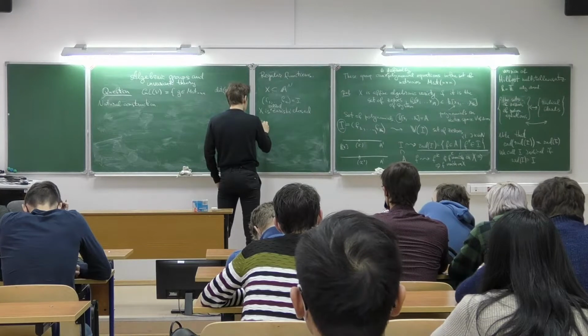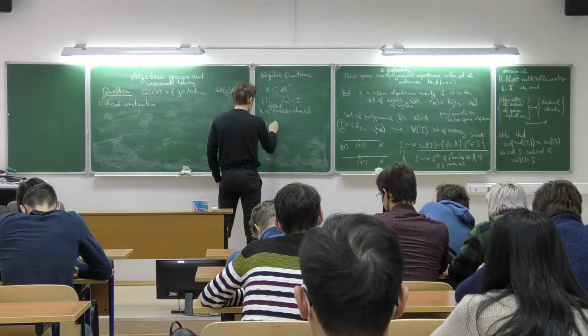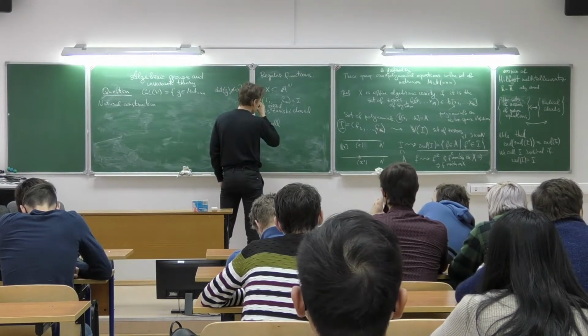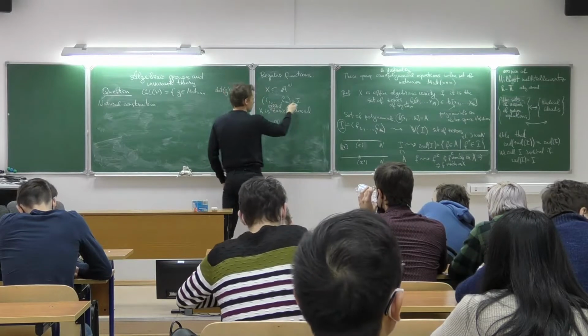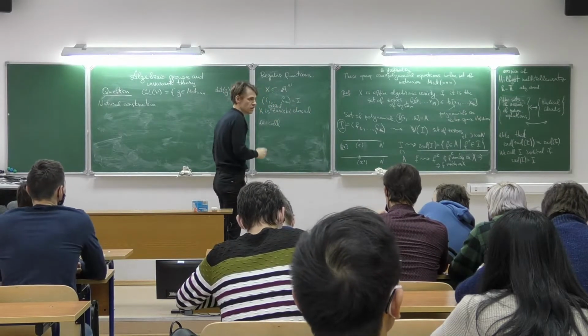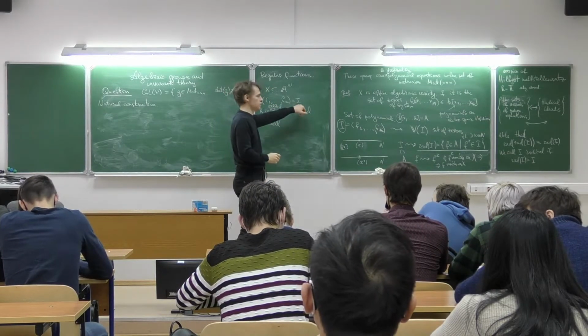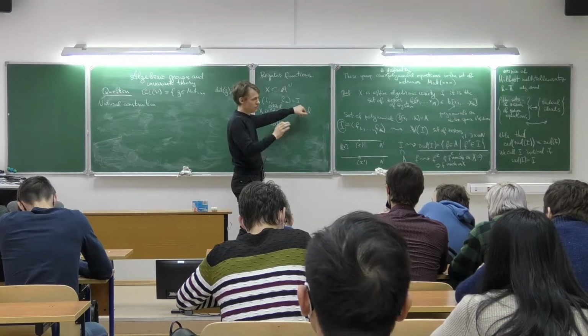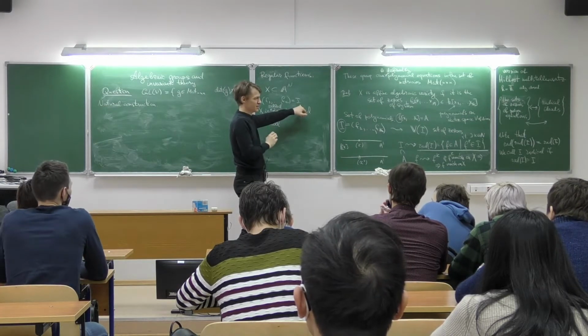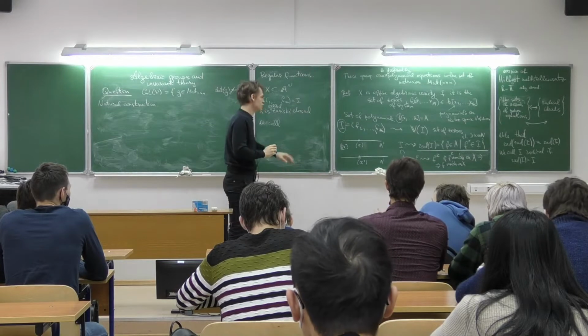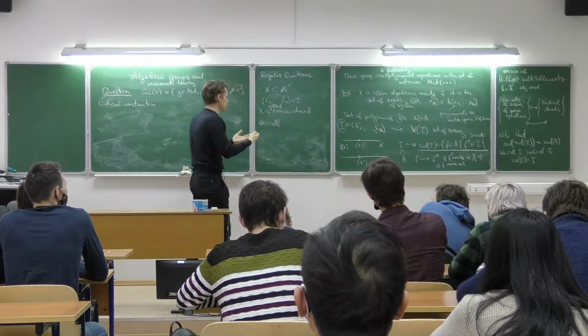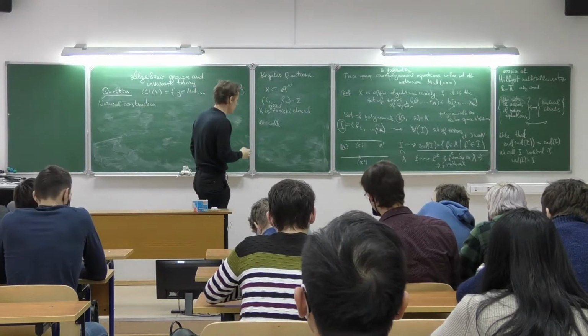So X is the vanishing set of I. Here I do not assume that I is radical, although for a moment we can assume that I is a radical ideal. But then we won't do this.